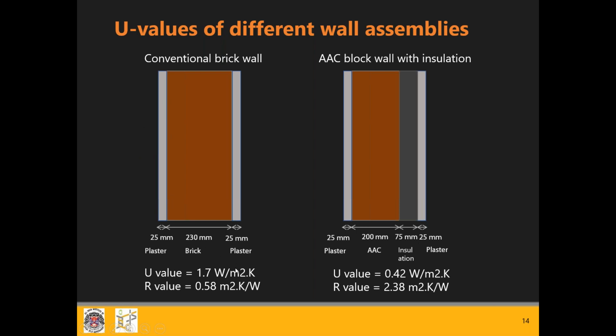That means the heat transfer will be much higher in the case of a conventional brick wall as compared to an AC block with insulation.